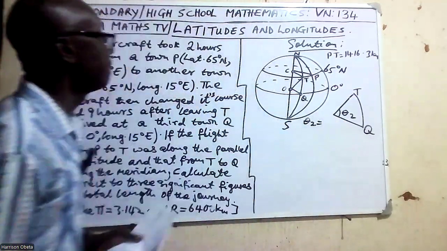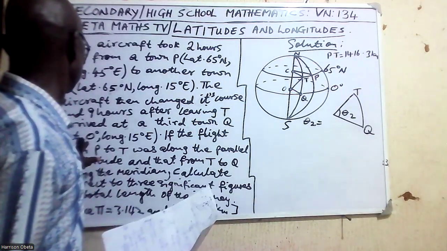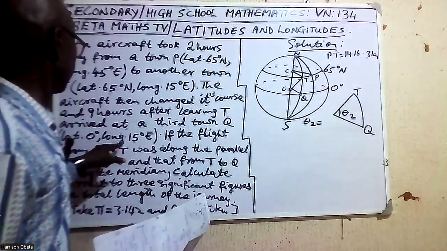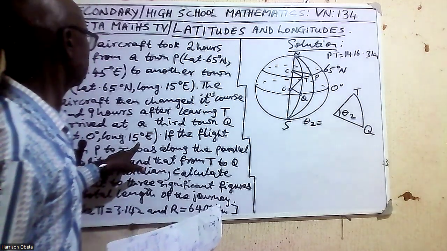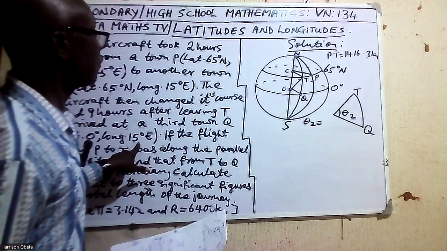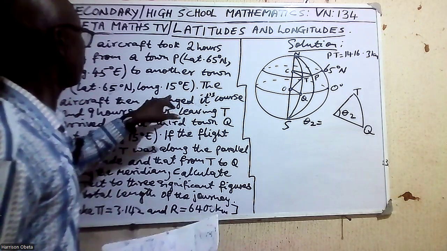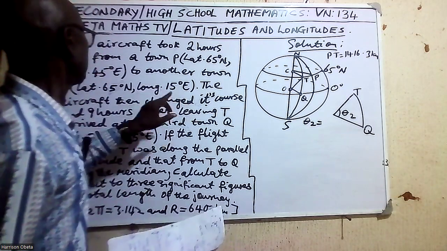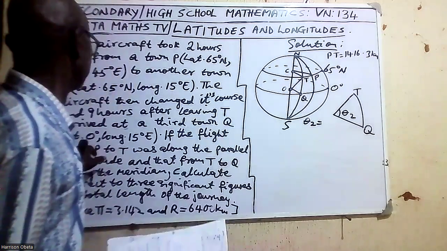So for us to find theta 2, remember that we have from T to Q, 0 degree, 15 degrees, and also to find the angular difference, we have along longitude, that's along 2 latitudes, 65 and 0.